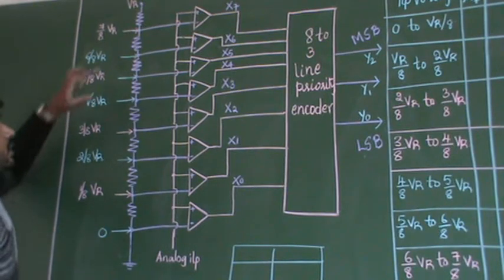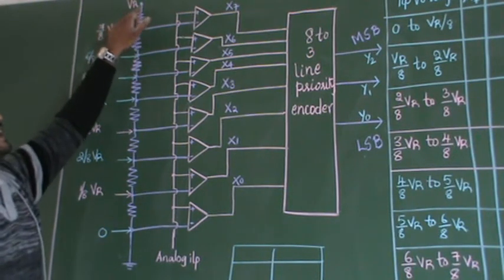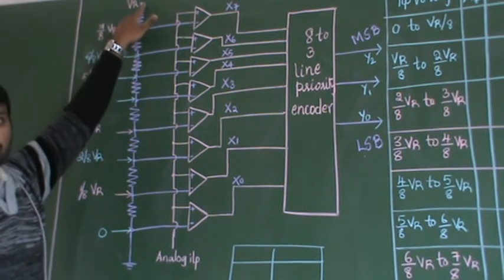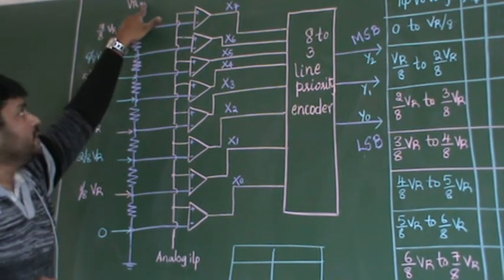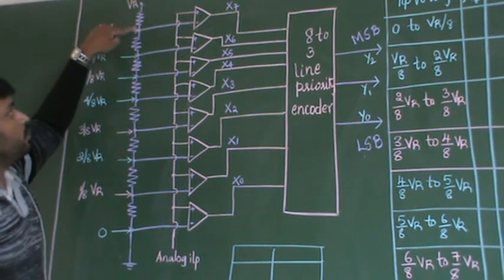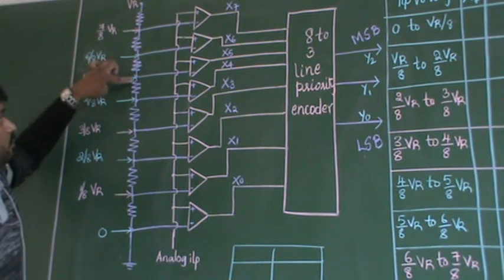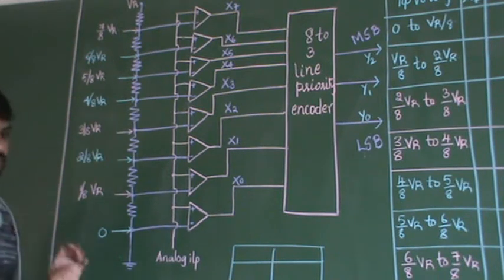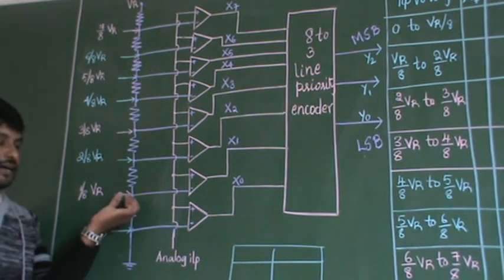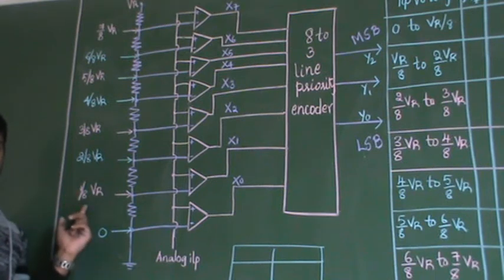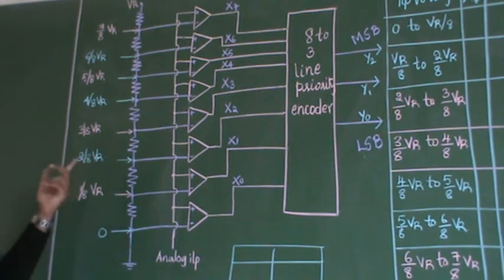If you observe here, how many points are there? To the top point you give VR, the reference voltage. After that, how many resistors or points are there? 1, 2, 3, 4, 5, 6, 7, 8. Since there are 8 points, I have to divide by 8.